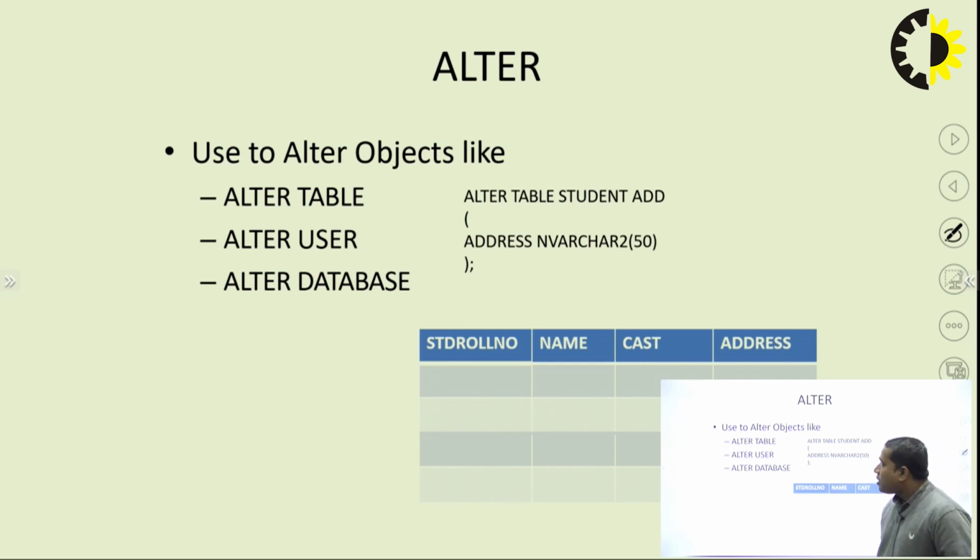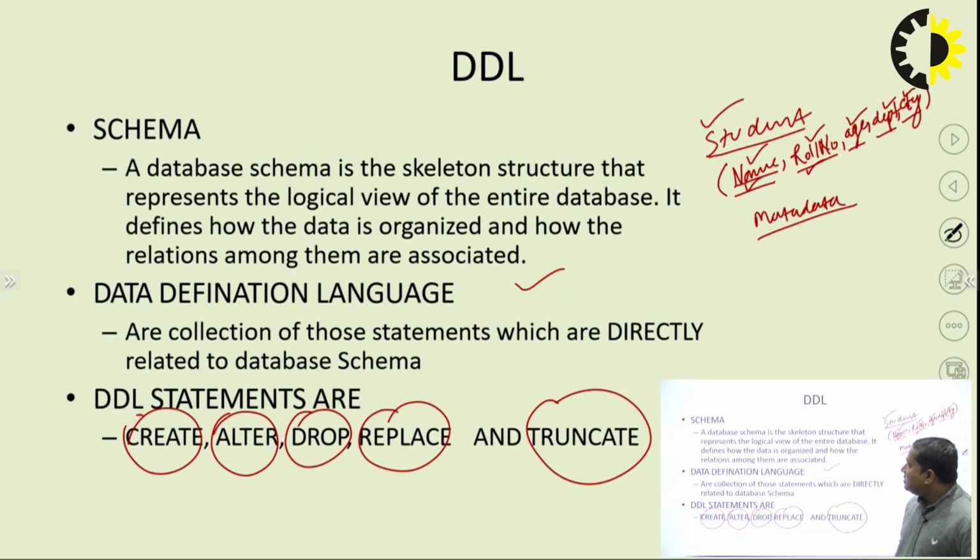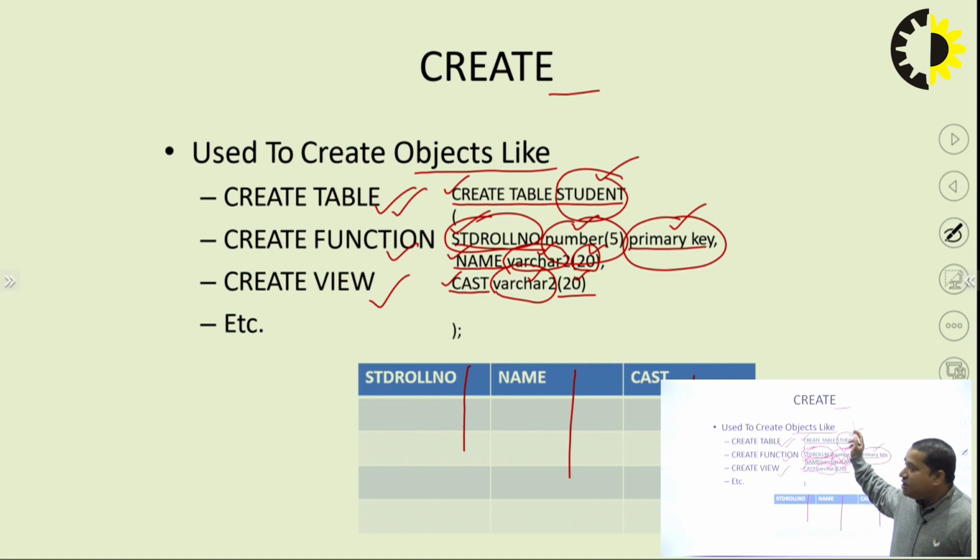Moving on to the next, which is alter. Alter is basically used for any change that is done on the schema. The schema holds the relation name and the data type of its attributes along with the size.